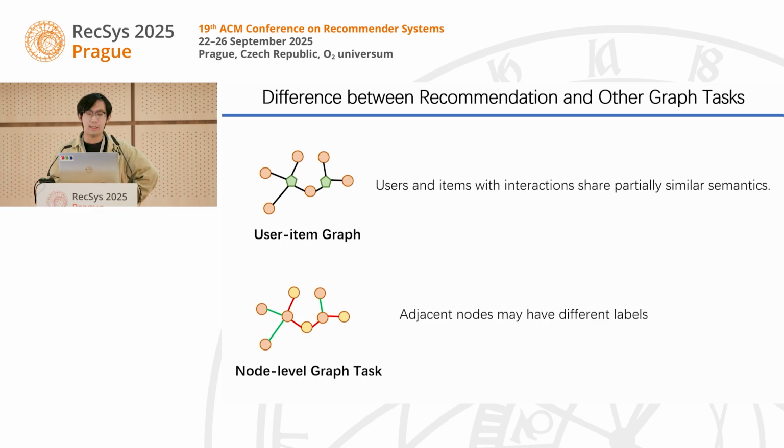The red edges represent connections between two nodes with different labels, and green edges represent connections between two nodes with the same label. Also for edge-level graph tasks, not all edges are positive. So one advantage in recommendation is that all the edges are positive.